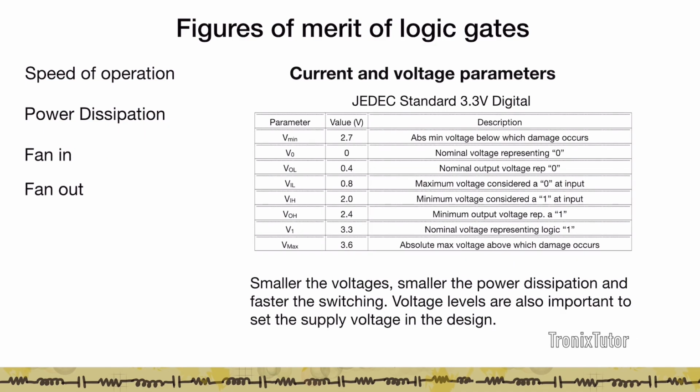The other values we need to worry about are the current and voltage parameters. If I recall this 3.3 volt table, the voltages and the currents are going to determine the speed and the power dissipation of the gate. So ideally, you want smaller voltages, which means the power dissipation is smaller and the switching is faster. However, the smaller these voltage levels go, the more the noise margins get affected.